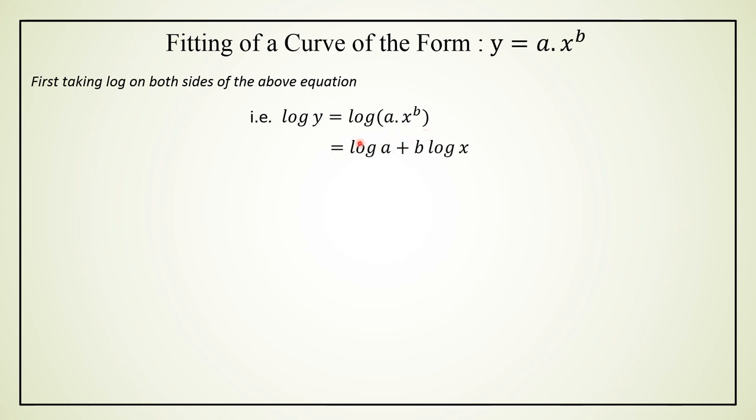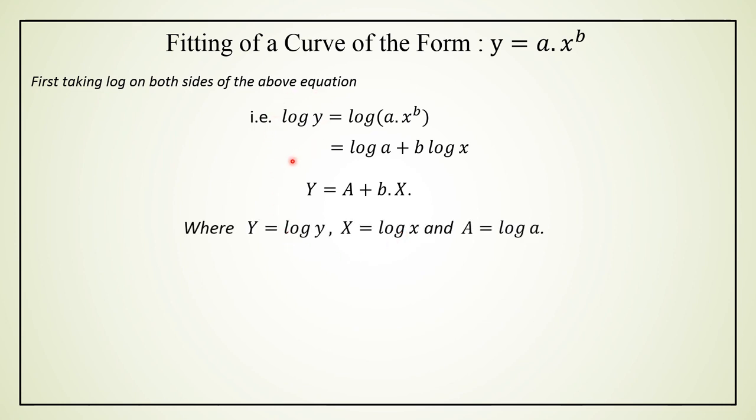Then by the property of logs, we can expand it as log a plus b log x. So I can rewrite the above equation in the form of capital Y is equal to capital A plus B into capital X, where capital Y represents log of y to the base e, and capital X is equal to log x and capital A is equal to log a.